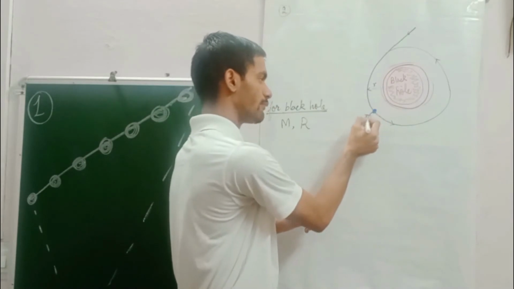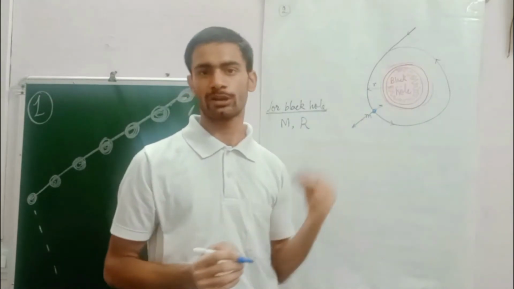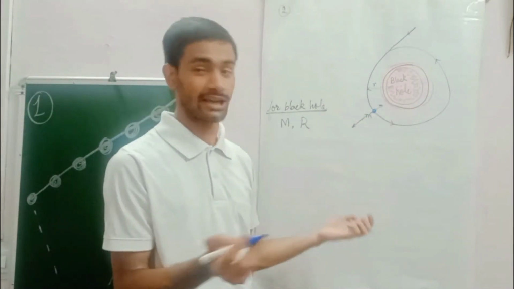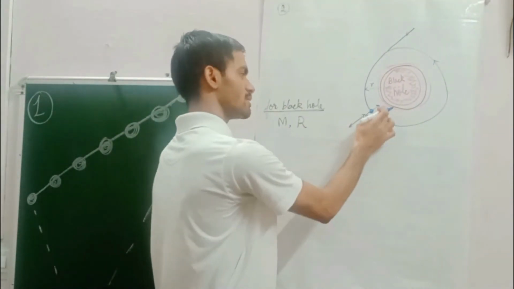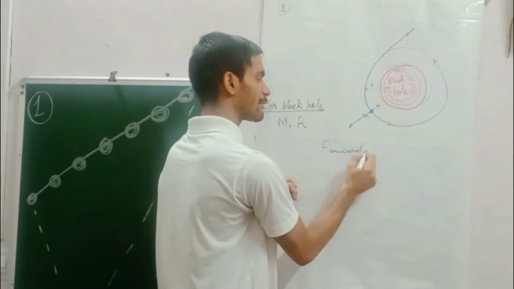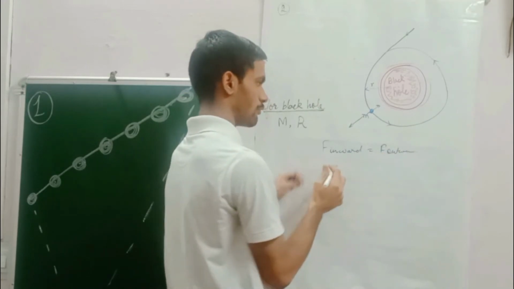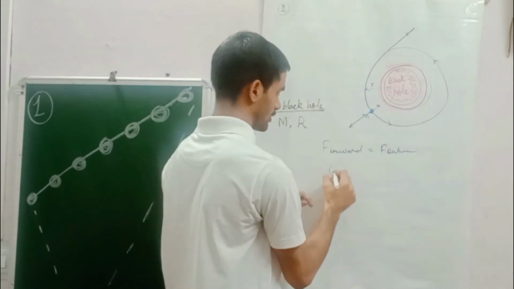So one outward force would be there and one inward force due to gravitation would be there. Now it's just a simple case. Therefore the gravitational force, that is the force inward, is equal to the force outward. What's the force inward? That's important.